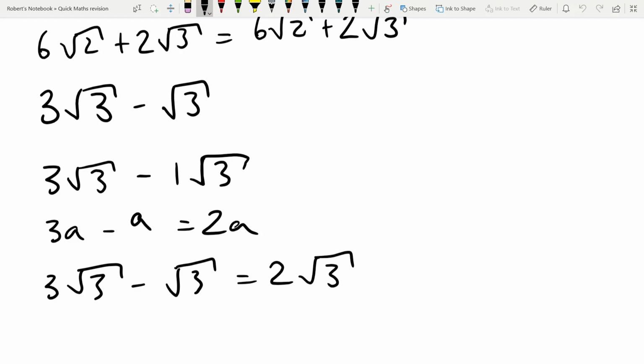So I'll leave that there, and that covers all the basics of surds. That's everything you could need to know about surds in basic questions that might come up.